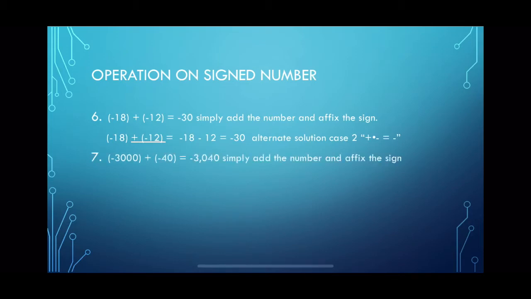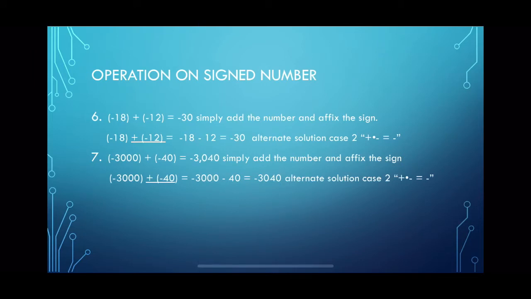For number 7, negative 3,000 plus negative 40 is equal to negative 3,040. We simply add the numbers and affix the common sign.